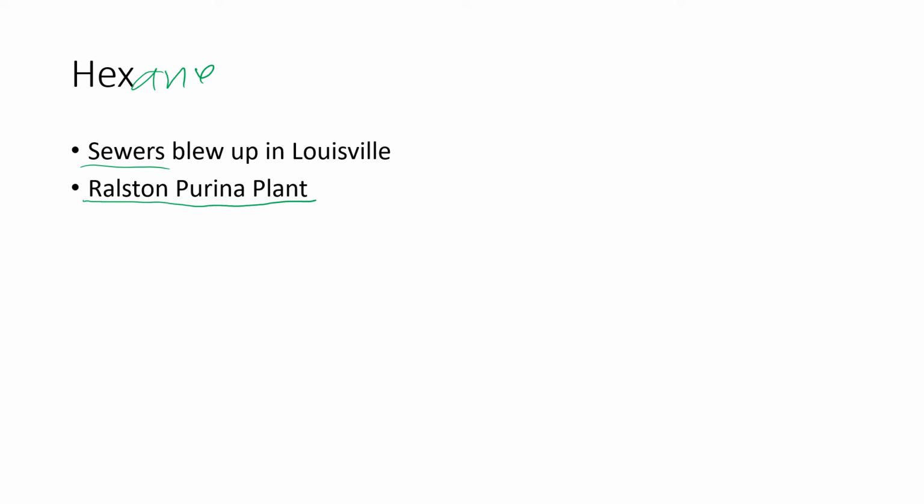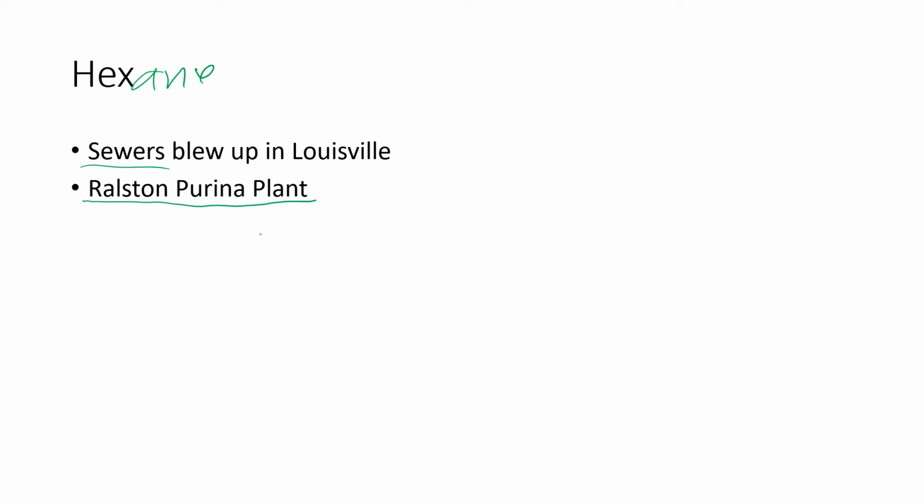So they blocked off the streets, and the chunks of asphalt that blew up, a lot of them went through some store windows. So like I said, they had to close off some of the city streets. If you ask your grandparents about that, they'll probably remember.